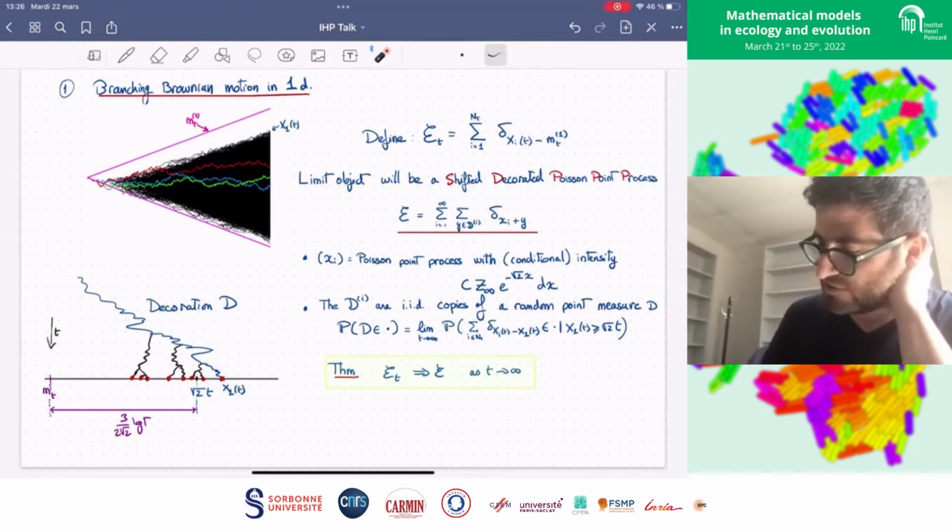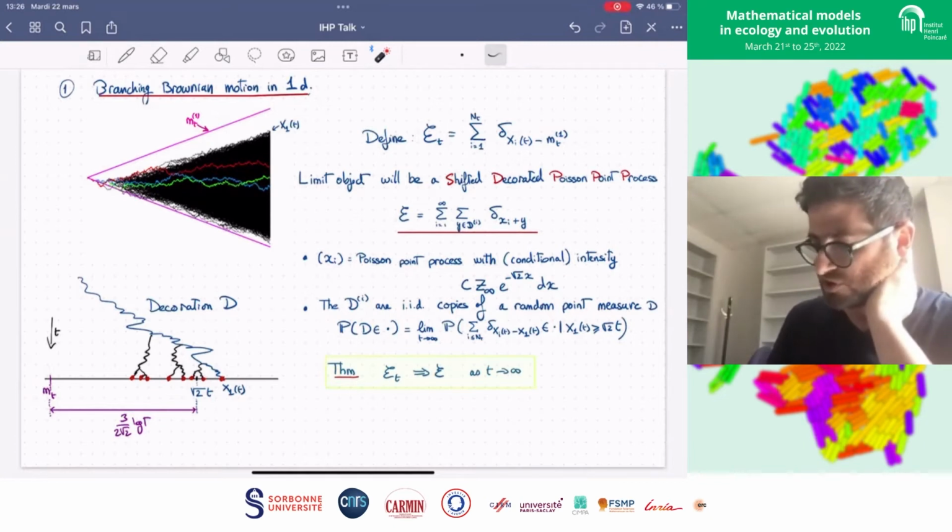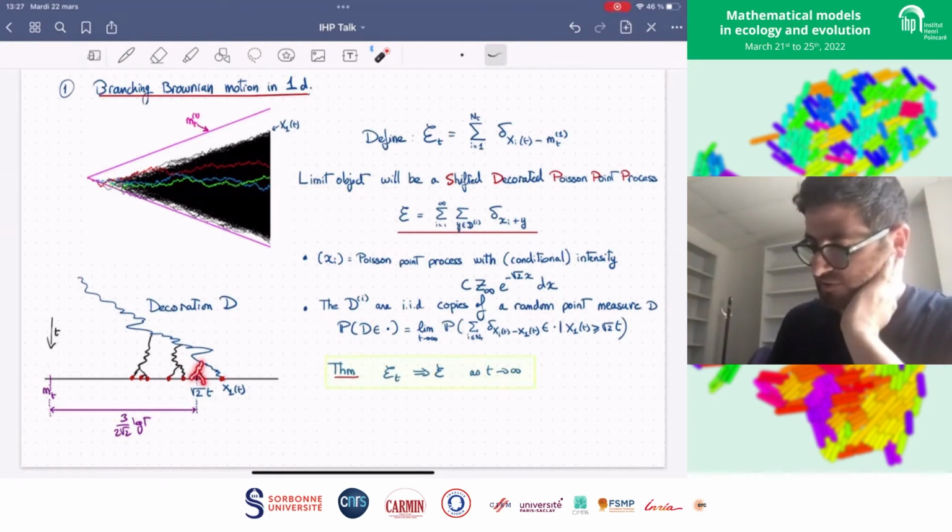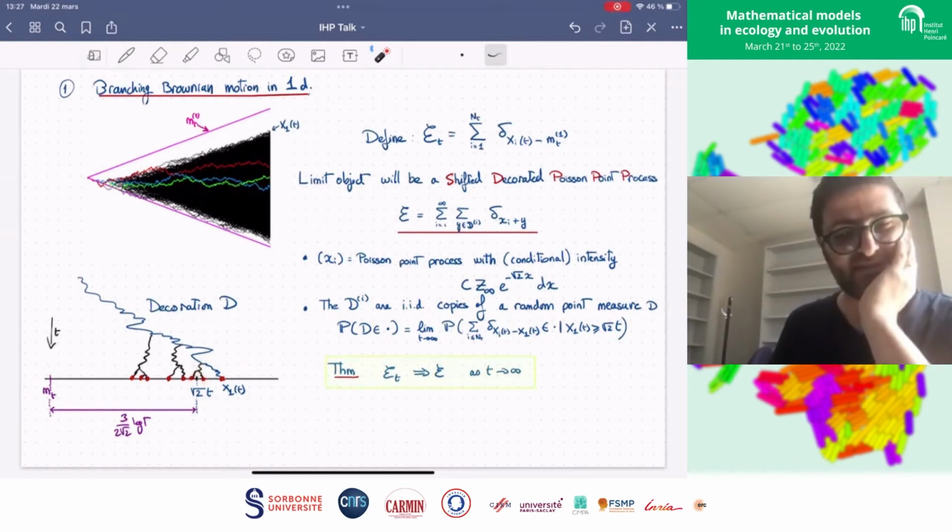And the decoration is just the position of all the particles that have branched off x_1(t) as this particle was getting there. Maybe here you have a little branching event which has created those two descendants at time t.